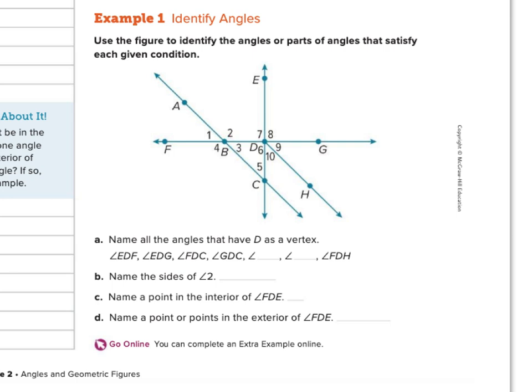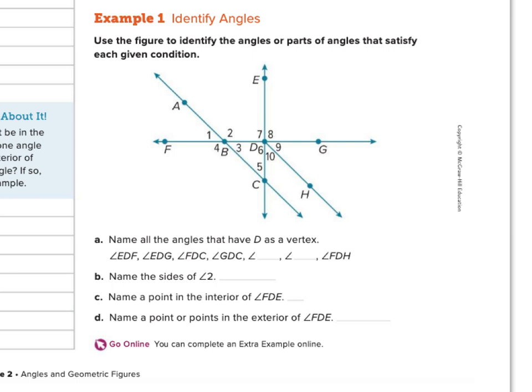So if I were to shade that in, this area right here would be considered angle 2. That's what they mean when they say angle 2. It would be all of that right there. That would be the interior space of angle 2. The exterior space would be out here because that is not included inside. So that's one way to label our angles.